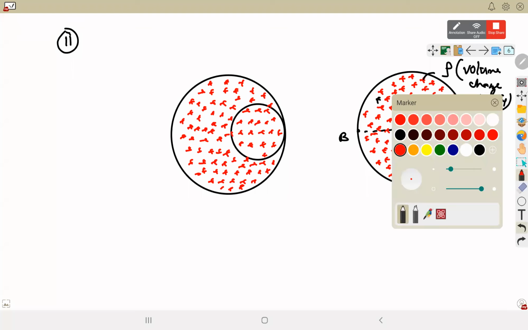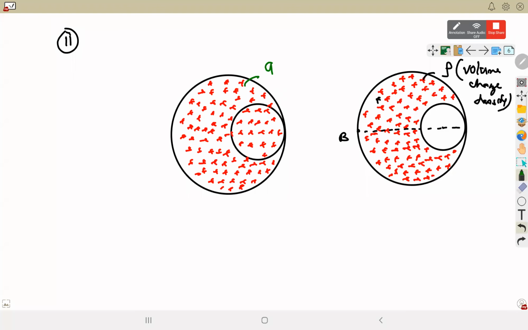So assume that this total charge is Q1. Q1 is rho into 4 pi by 3 R cube. R naught cube, because R naught is the radius.